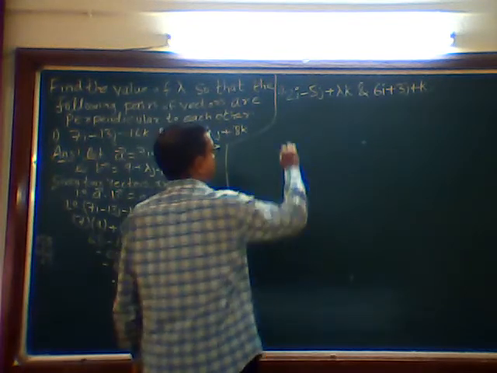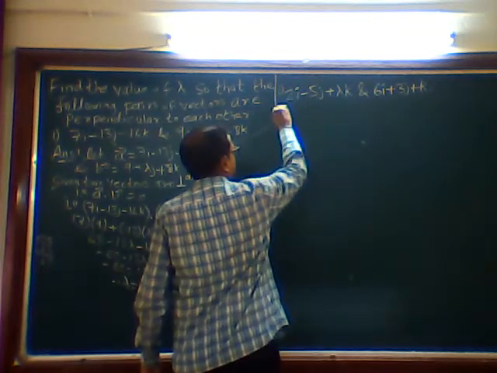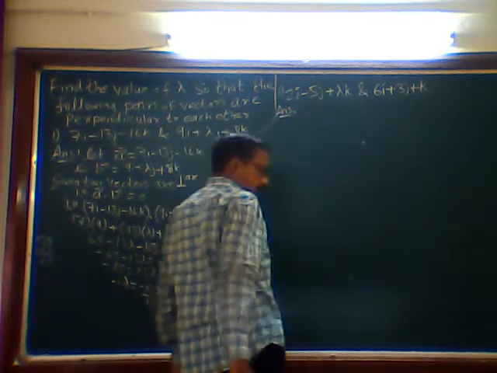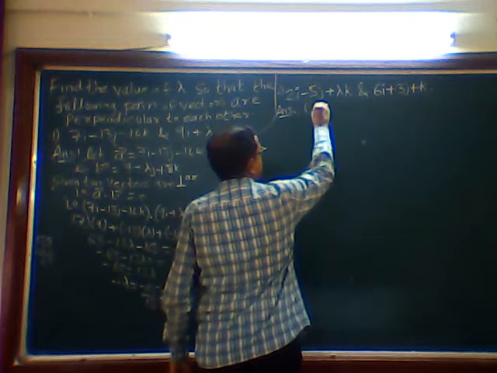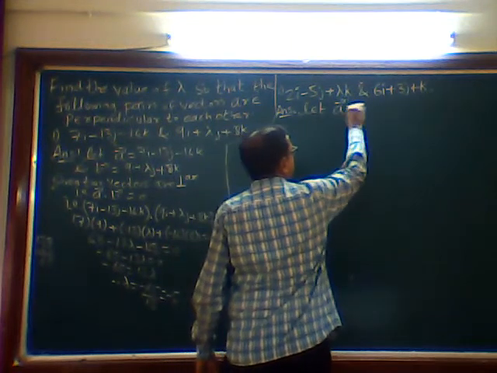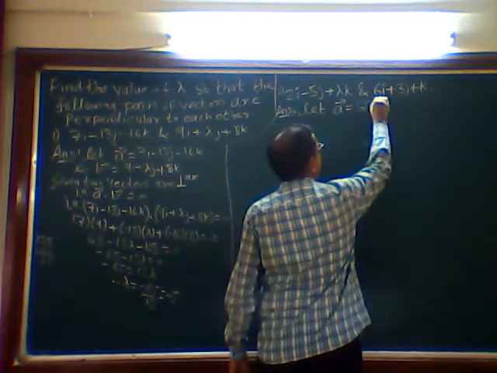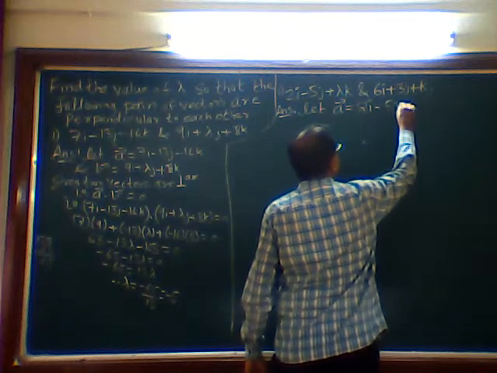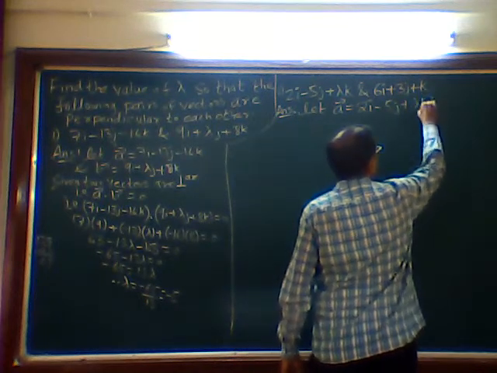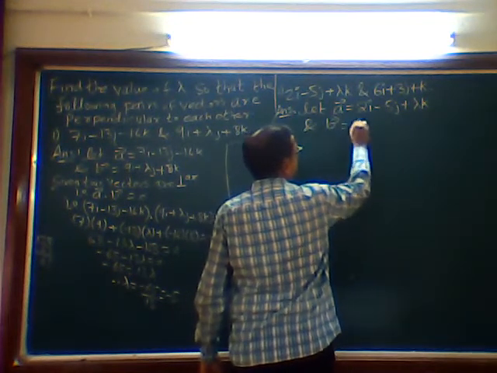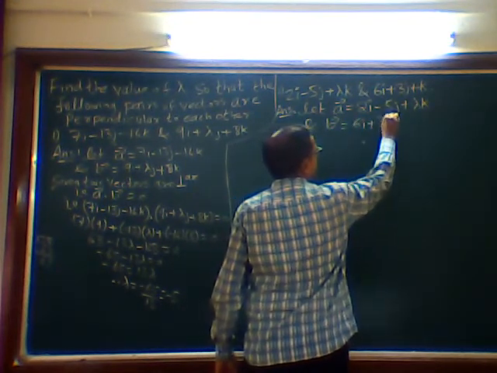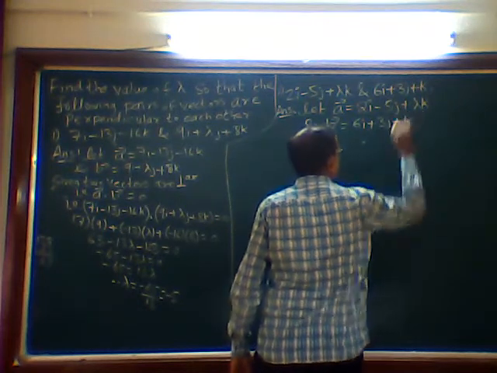Okay, so answer again. Let a bar is equal to 2i minus 5j plus lambda k and b bar is equal to 6i plus 3j plus k.